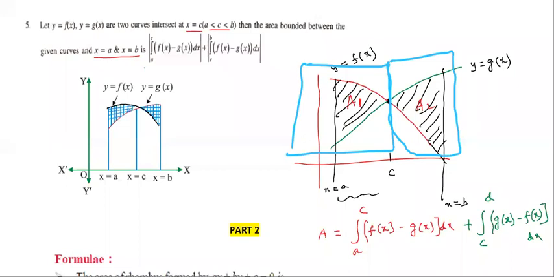But here, they are putting modulus on both the terms, because if you don't know which is the upper curve and which is the lower curve, then put the modulus. Why are we putting modulus? The area should always be positive. Some of the time you will get a negative. If you put modulus, negative goes to positive. Students, have all of you understood now?